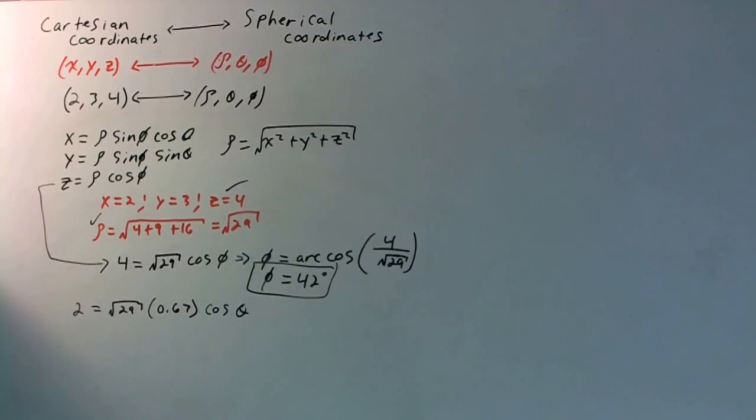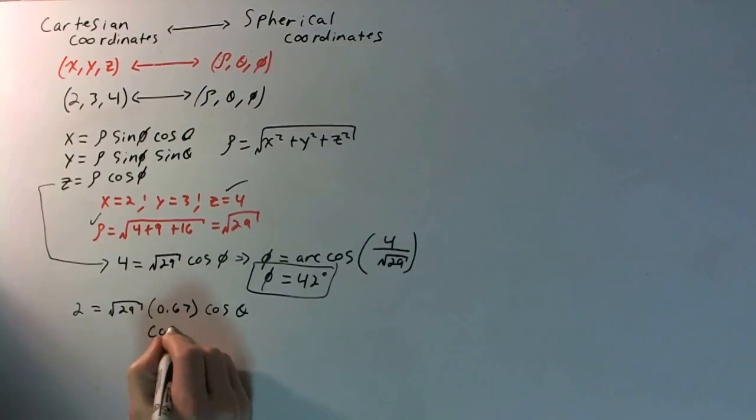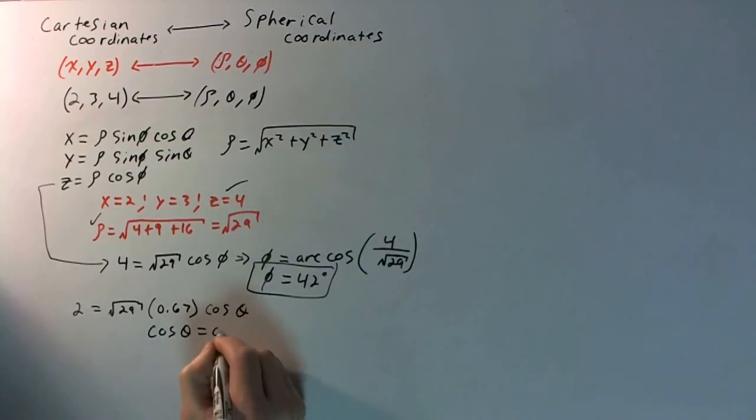So this is just one big number, so we can easily solve. Then that 0.67 times the square root of 29 is 3.6, then 2 divided by that is 0.55, so the cosine of theta is going to be equal to 0.55.